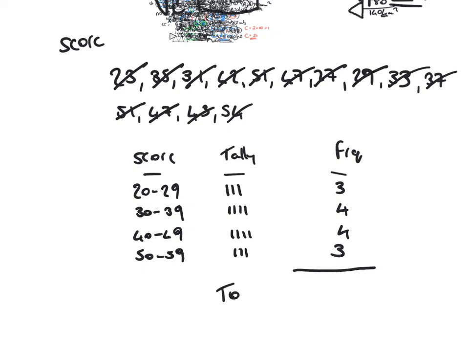The question then asks me to find a total, so I'll add the frequencies 3, 4, 7, 11, and 14 numbers in the sample.